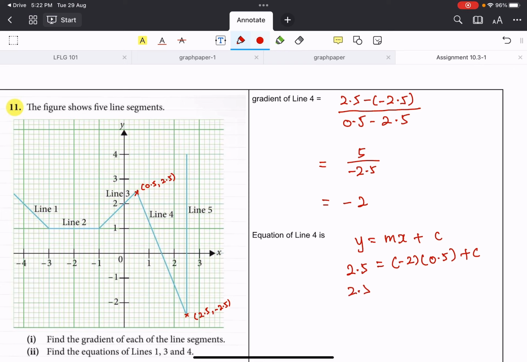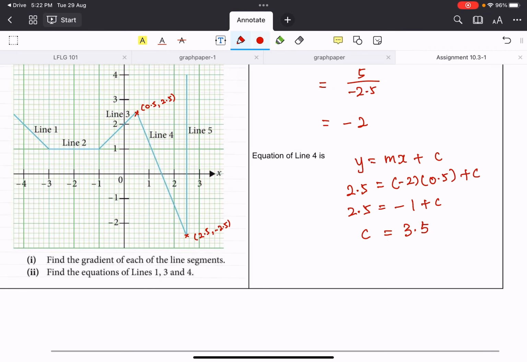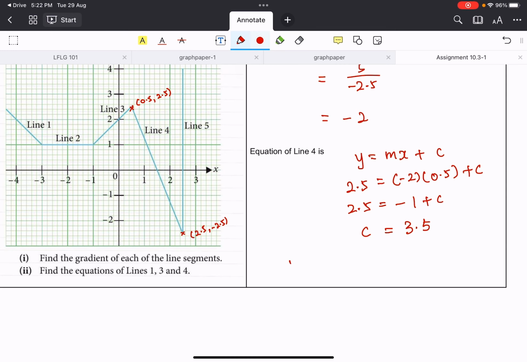So 2.5 equals negative 1 plus c. c is 3.5. So our equation is y equals negative 2x plus 3.5.